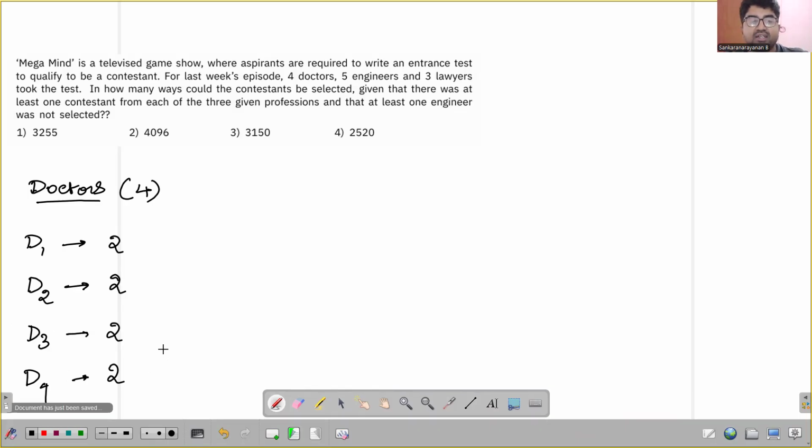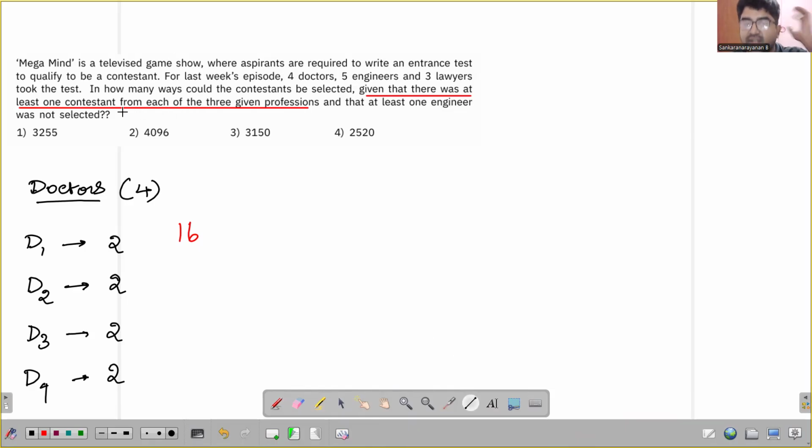4 doctors are there. So when I am considering all 4 doctors, the total number of outcomes associated with the doctors is 2 into 2 into 2 into 2. 2 twos are 4, 4 twos are 8, 8 twos are 16. So the total number of outcomes is equal to 16. But one condition they have told you there, what is that? It is given that there was at least one contestant from each of the 3 professions, doctor, engineer, lawyer.